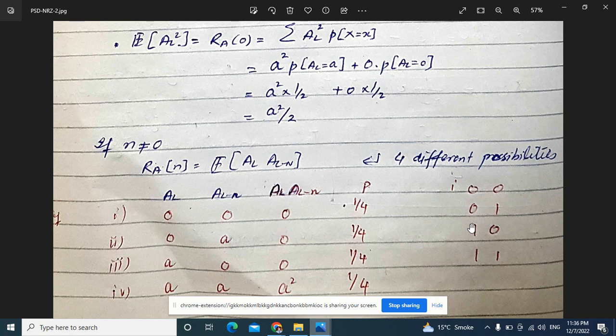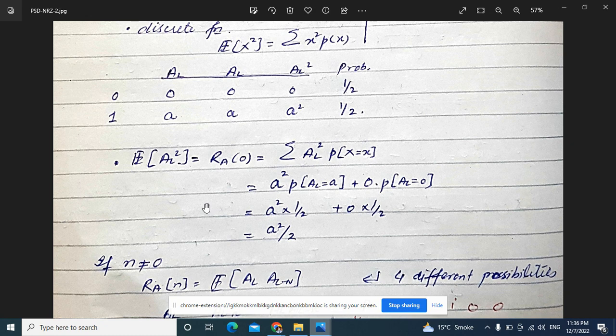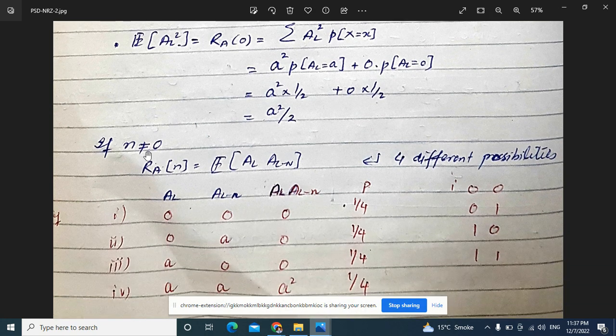For all these, we can calculate AL multiplied by AL minus n. In the first case, because n is 0, AL minus n is equal to AL, so this term looks similar to this term. But in the second case, when we assume n is not equal to 0, the estimation will be AL multiplied by AL minus n.